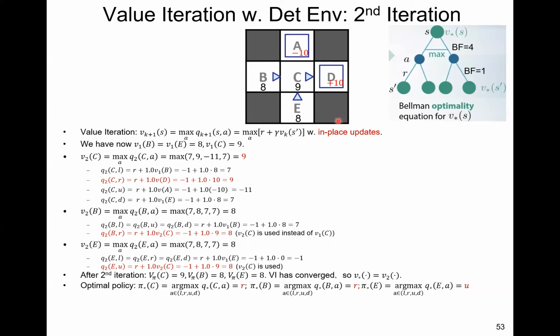For the second iteration, from C, if you go left, you get 7. If you go right, you get 9, up -11, and down is 7. So the argmax is right. From B, the argmax is right. From E, the argmax is up.